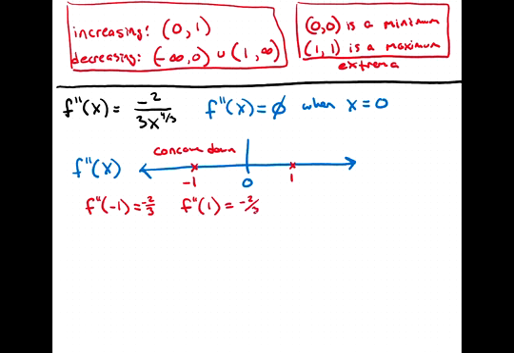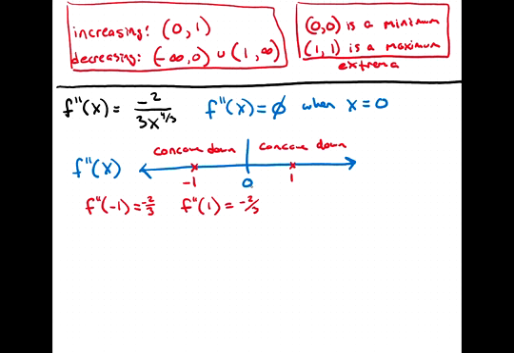And if the second derivative is negative here, again, it's concave down. All right, so we have our intervals of concavity. It looks like the function is concave down everywhere except when x is equal to 0.